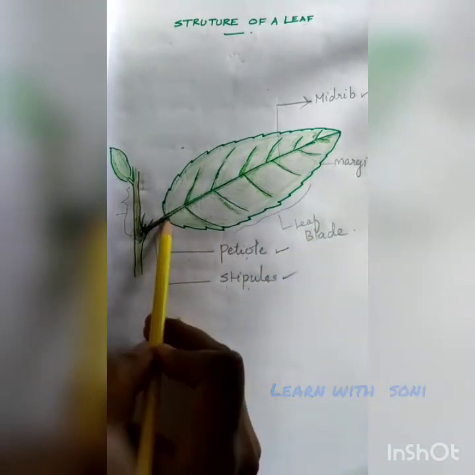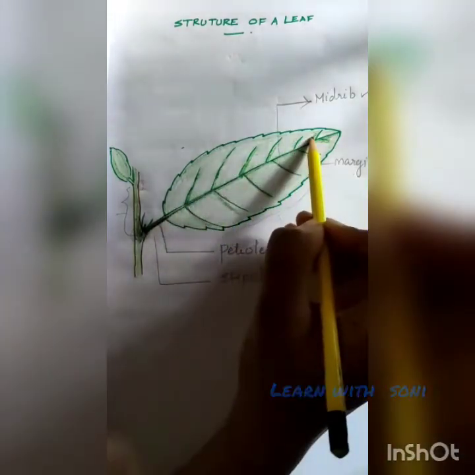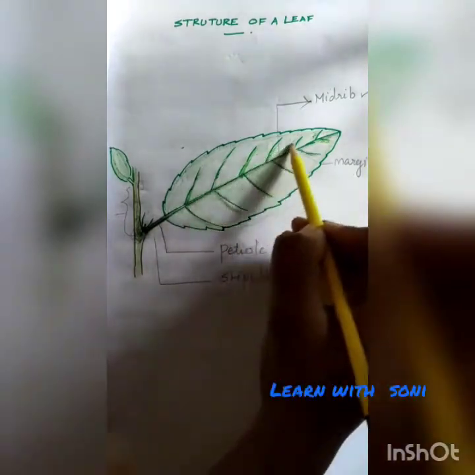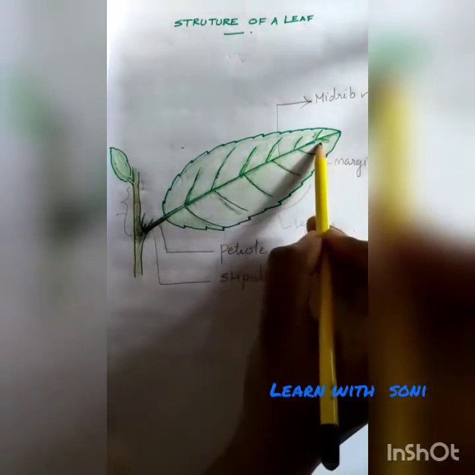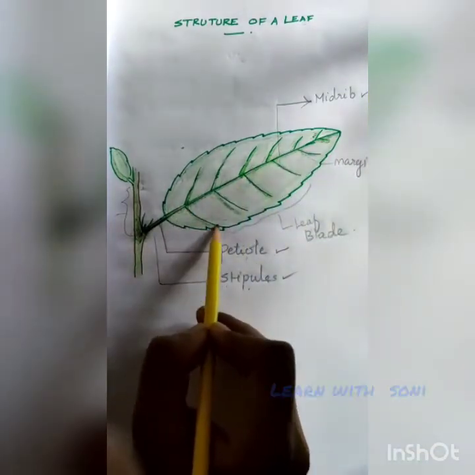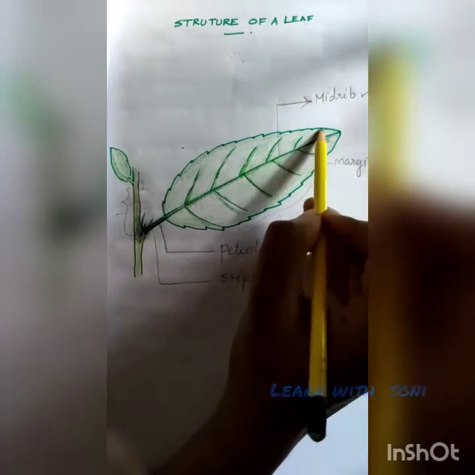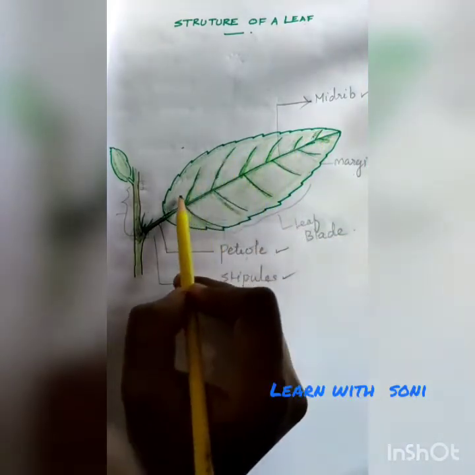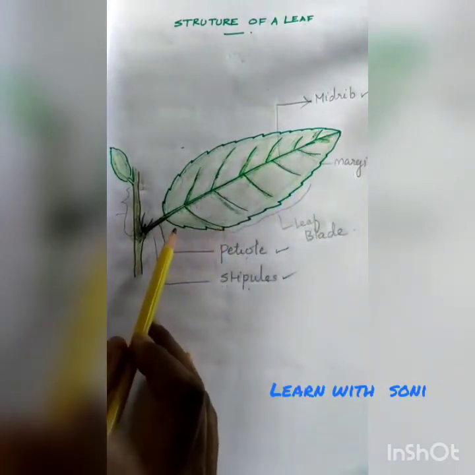Then in the leaf, the main vein that is present is called the midrib. Some smaller veins all arise from this main vein. Did you understand?